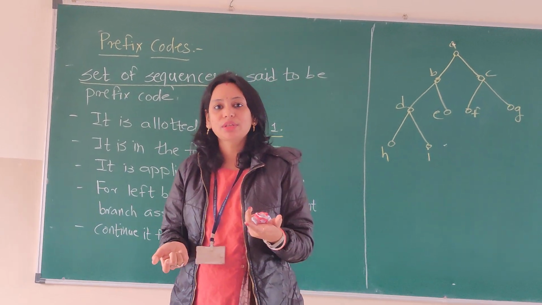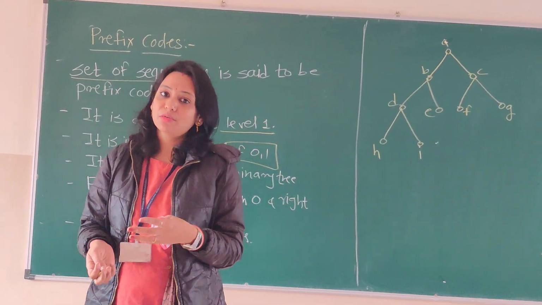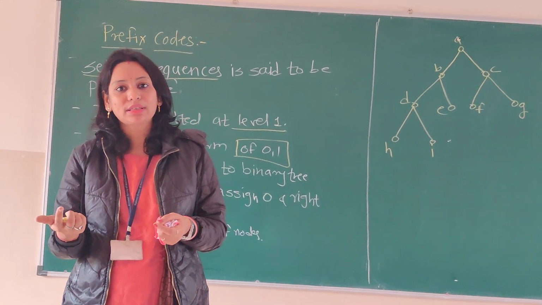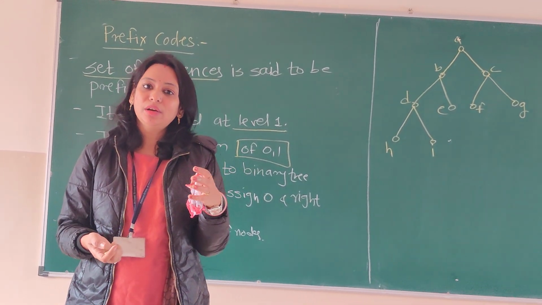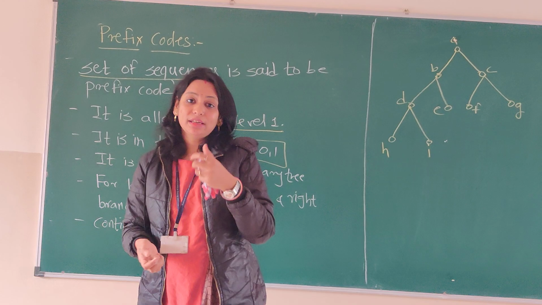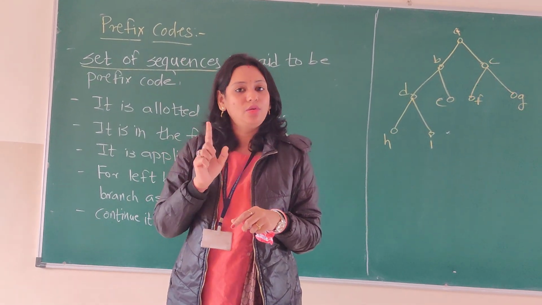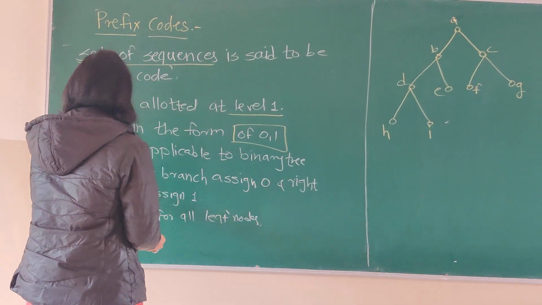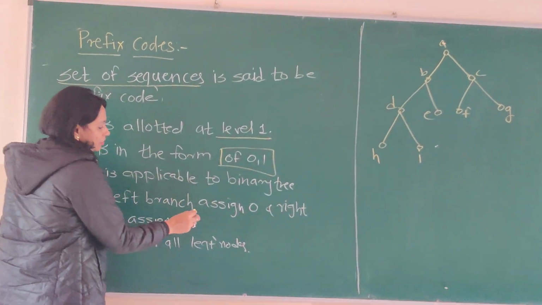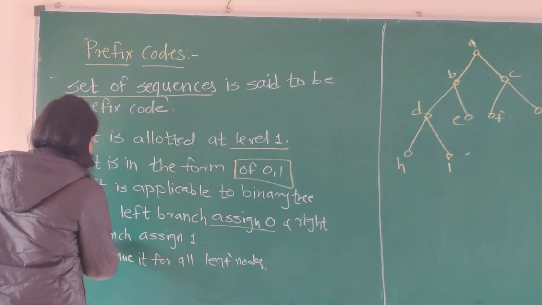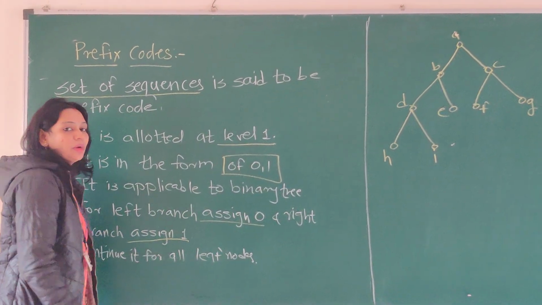Now definitely the question comes to our mind: if we want to allot 0 and 1, where should we assign 0 and where should we assign 1? Is it random, or, as I used to say, it is a logical subject, so according to our logic we are going to assign it? No. There is a rule for that. For the left branch we will assign 0, and for the right branch we will assign 1.